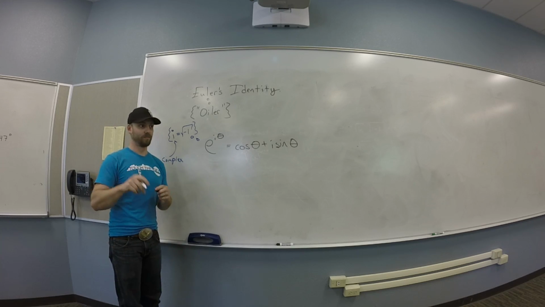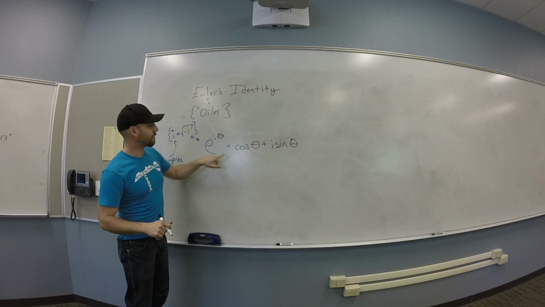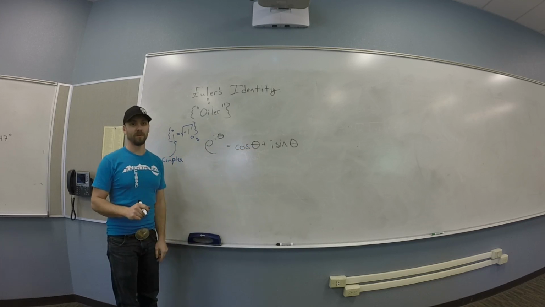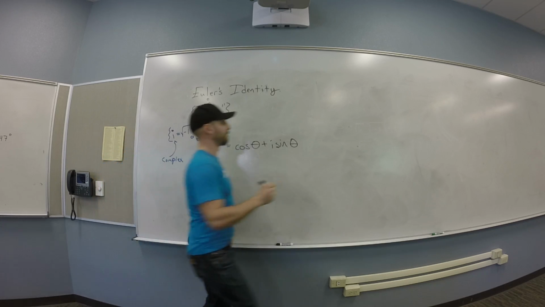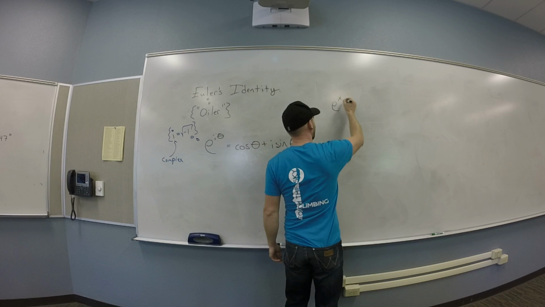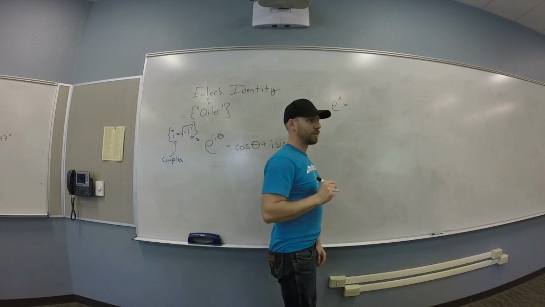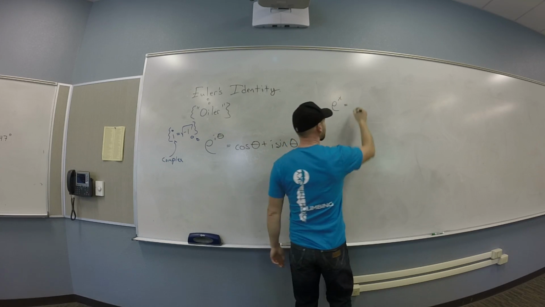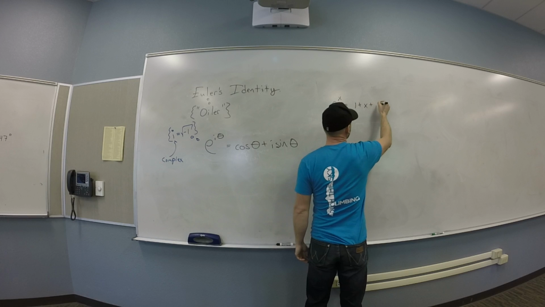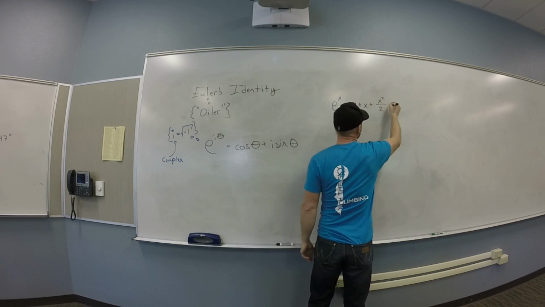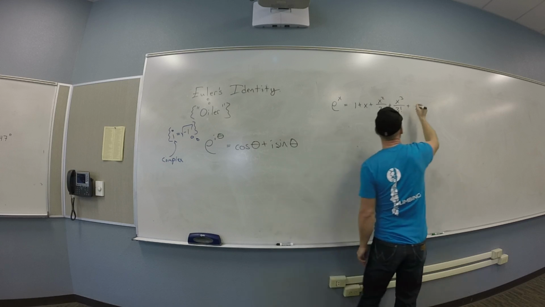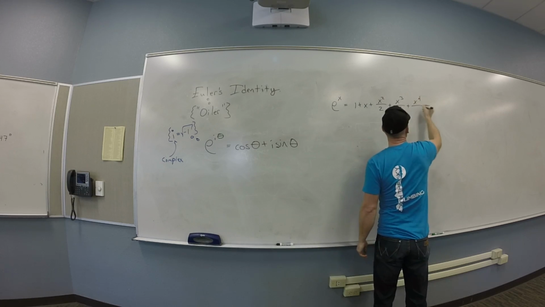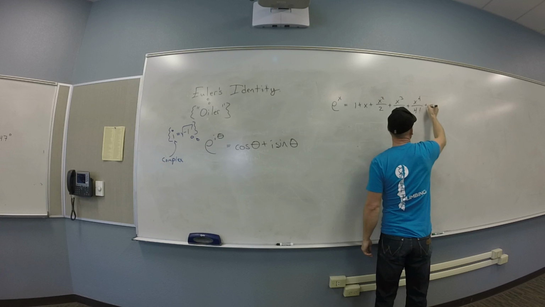I don't have the tool to prove this to you, but let me suggest an idea. In Calc 2, you'll make this: e to the x. You'll find out that e to the x is 1 plus x plus x squared over 2 plus x cubed over 3 factorial plus x to the 4th over 4 factorial, and so on.